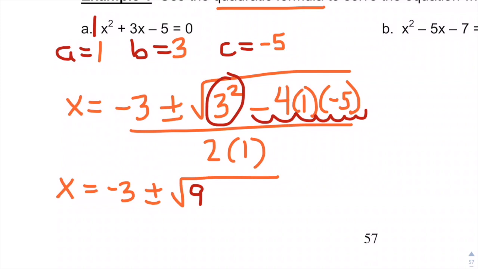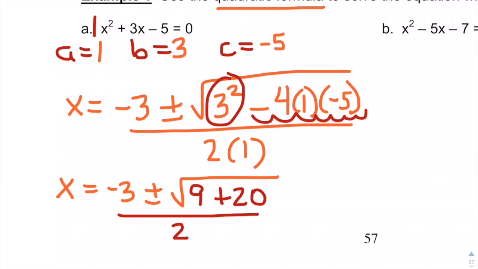Negative 4 times 1 is negative 4, times negative 5 is plus 20. So I did 2 things underneath the square root. We squared 3 and we multiplied. In the denominator, I have 2 times 1, and 2 times 1 is 2.